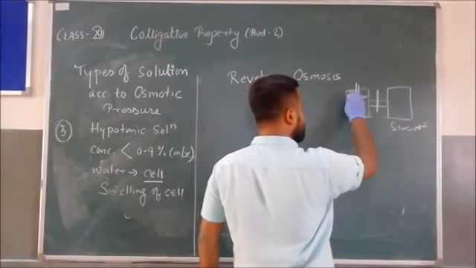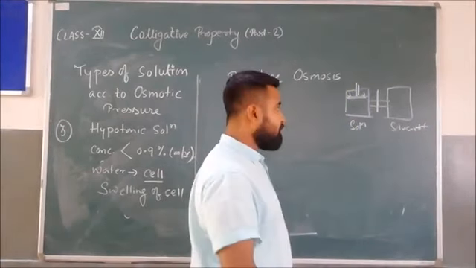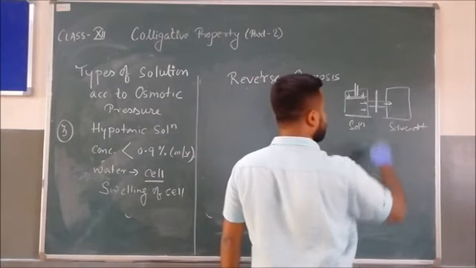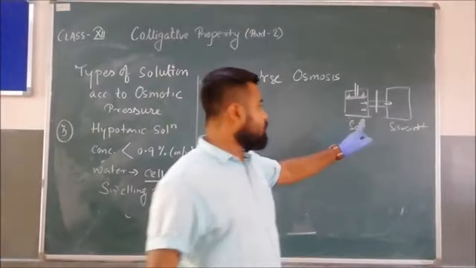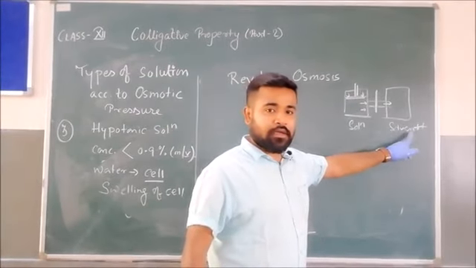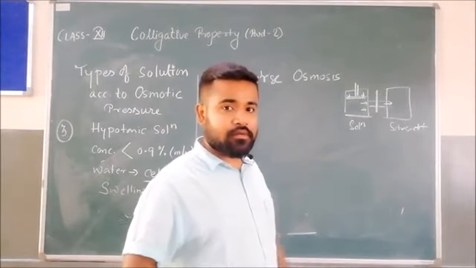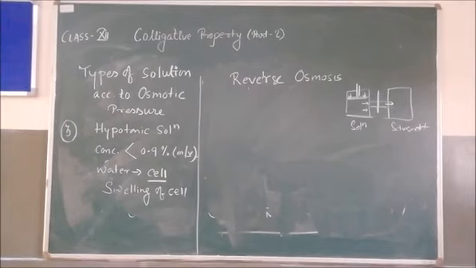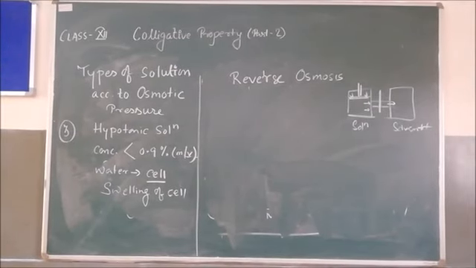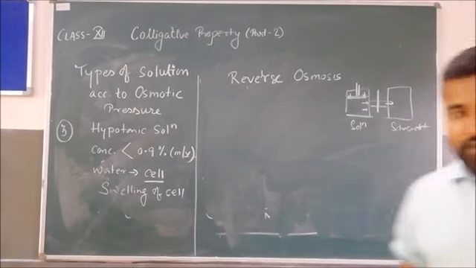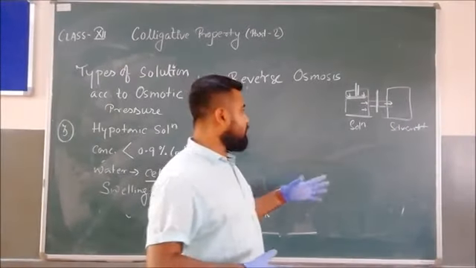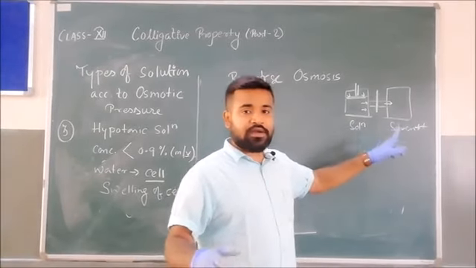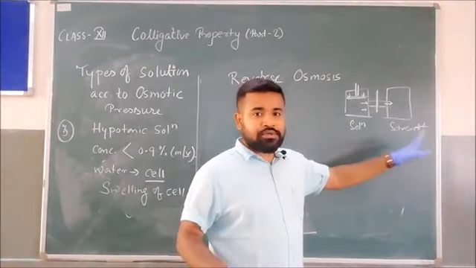But if we increase the pressure now, what happened? Now the solvent is moving from solution to solvent. Now it is opposite. So the water is moving from solution to solvent.